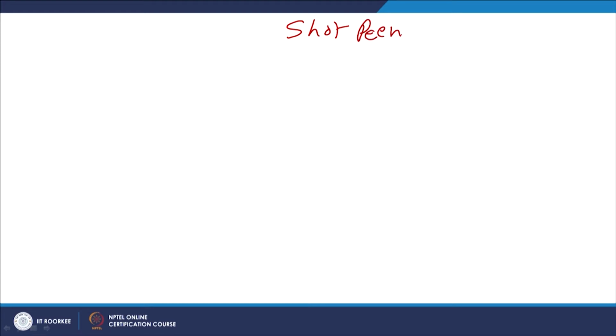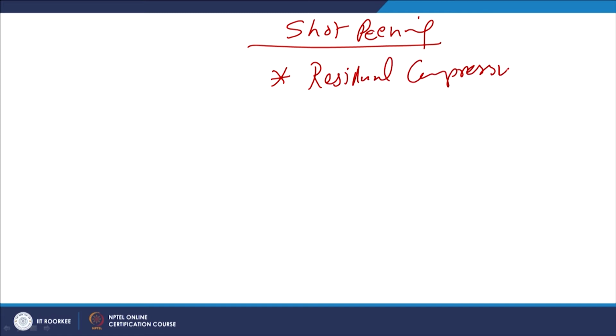The first one is shot peening. The main objective of this approach is to develop residual compressive stresses at the surface, so that the fatigue resistance, wear resistance, and the tensile properties in terms of tensile strength can be enhanced.